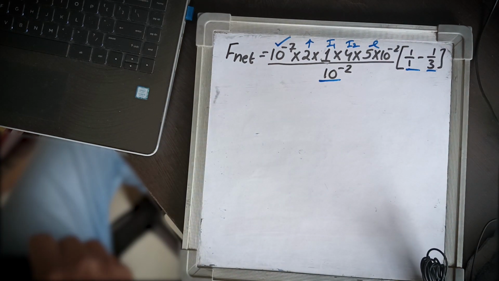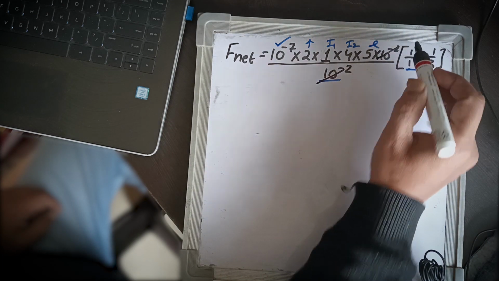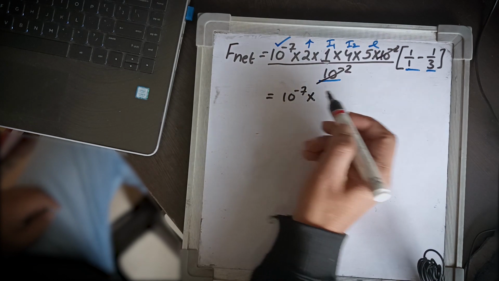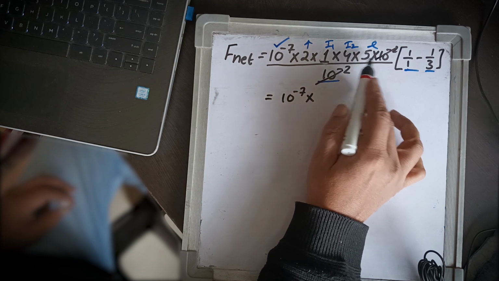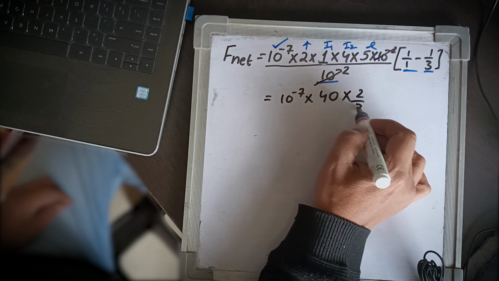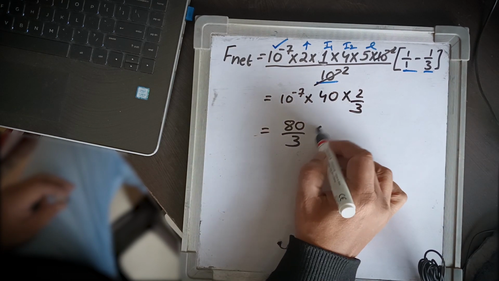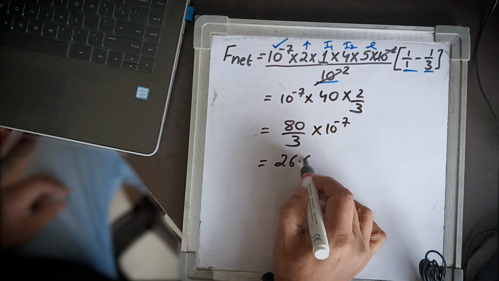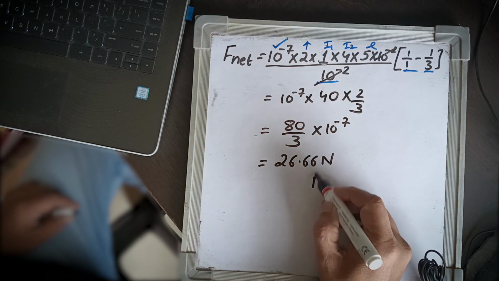After putting these values, the 10 raised to the minus 2 gets cancelled, and we have 10 raised to the minus 7 multiplied by 80, since 2 into 4 is 8, 8 into 5 is 40, into 2 by 3. This is equal to 80 upon 3 into 10 raised to the minus 7, which gives us 26.66 Newton on rounding off. This will be our answer.